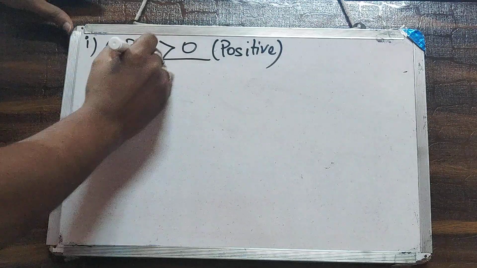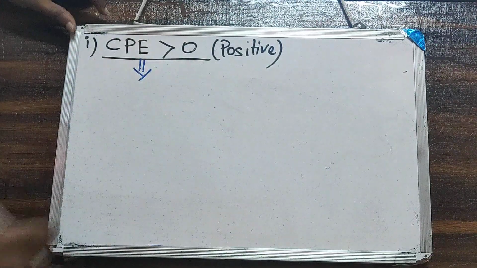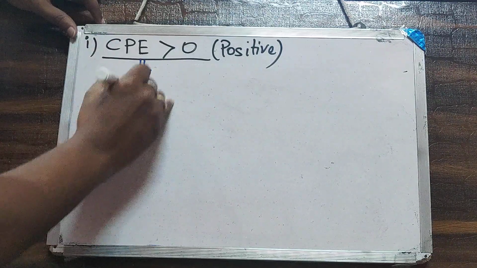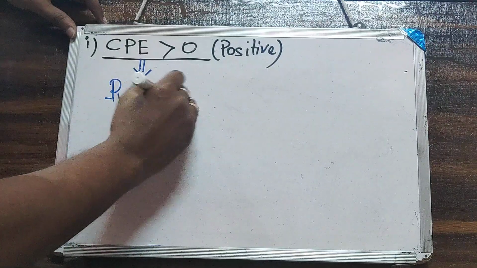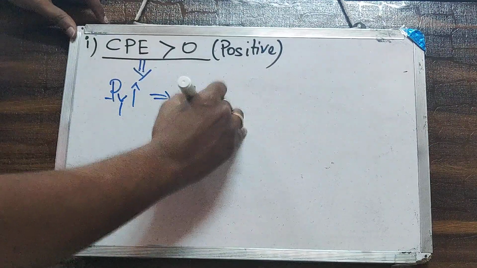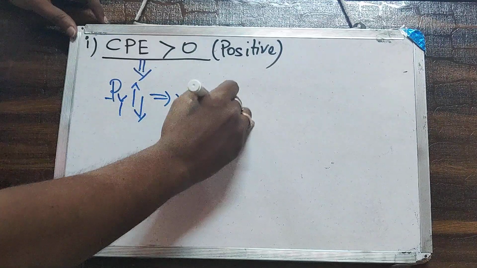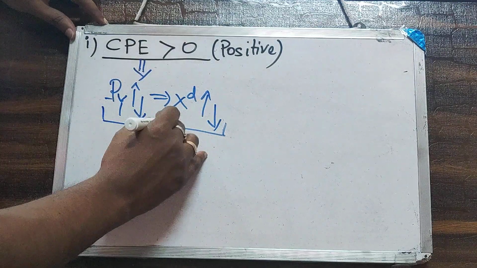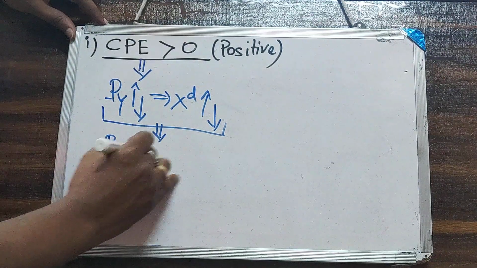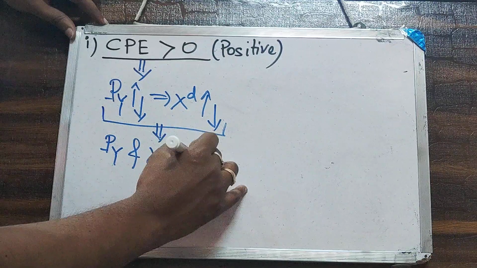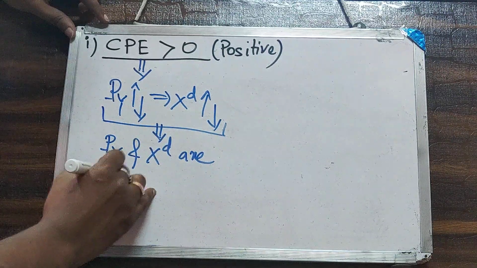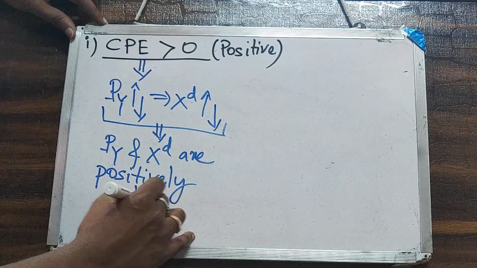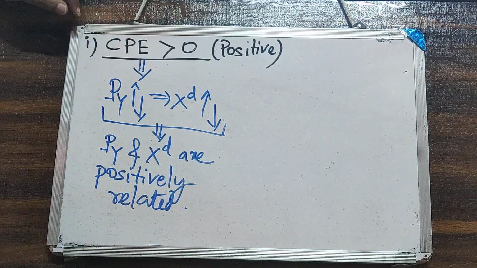A positive cross price effect would imply that with the increase in the price of the commodity Y, demand for X is increasing. This would indicate that Py and Xd are positively related to each other.